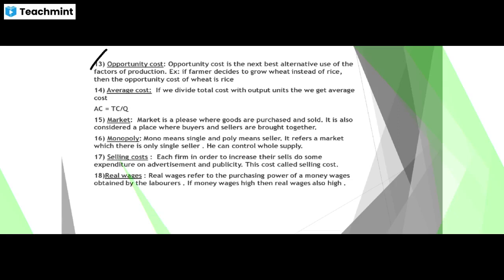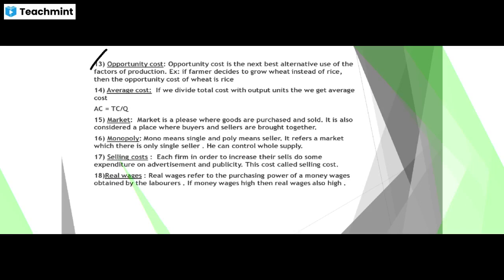Example, now you are working in a company for 20,000. If you change your company, they are offering 30,000. So what is your next best alternative use? That is 30,000. Okay, here we can see one more example. If a farmer decides to grow wheat instead of rice, then the opportunity cost of wheat is rice.